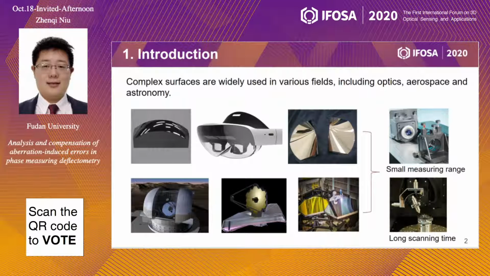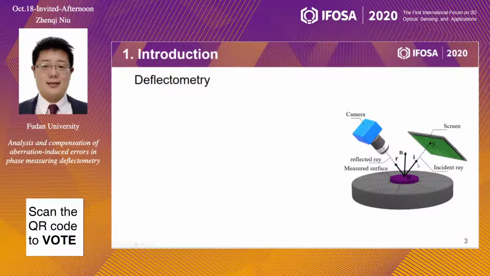Currently, there are two kinds of measuring methods, including interferometry and profilometry. However, they are not suitable for measuring freeform optical surfaces, and those methods are sensitive to environmental noise. We can use deflectometry to measure the complex optical surfaces.